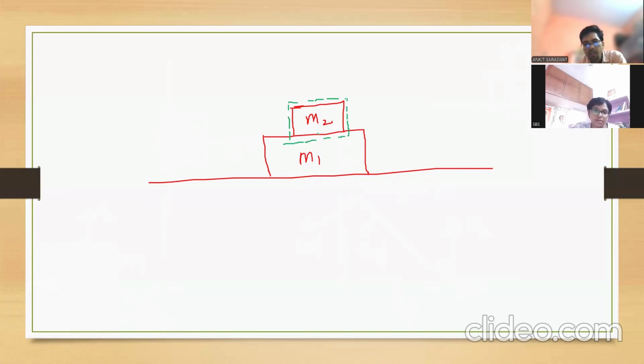On M2, this M1 surface will repel in this direction. N1, only this will act. If I take M1 as system, on M1, one ground will repel like this. This is M1. Is it okay? Yes, sir. Clear?